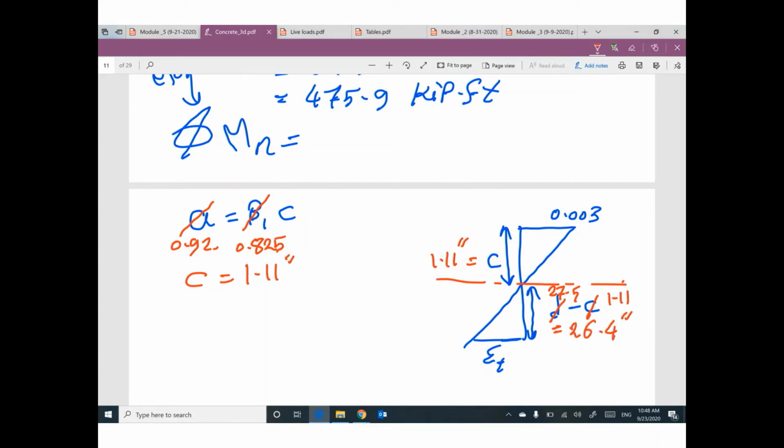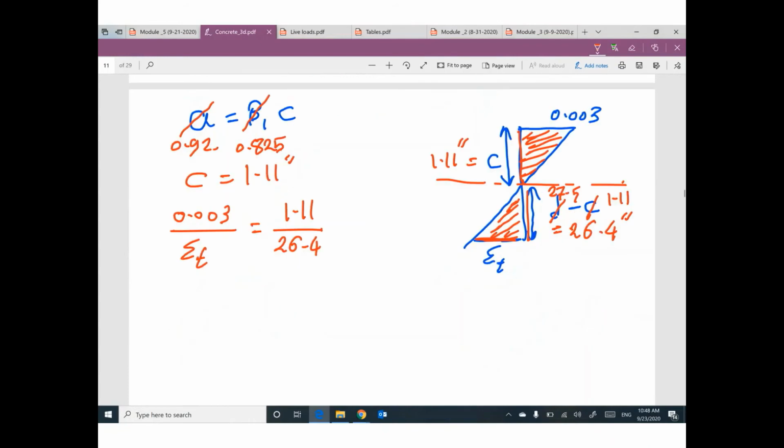This triangle looks like this triangle. So 0.003 divided by this value, epsilon tension, equals this depth 1.11 divided by this depth 26.4. So I can figure out the value of strain in steel reinforcement will be 0.071, which is greater than 0.005.